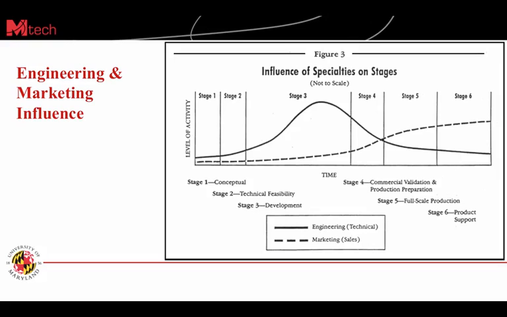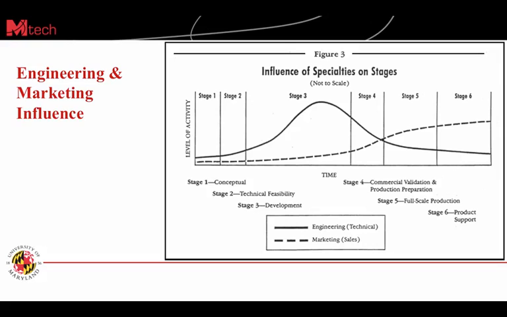But then the development stage, you can see the time frame is considerably longer. And this is what I think represents the amount of time that it takes in that development stage. And stage 4 is the commercial validation and production preparation stage, again a relatively short stage. And the production stage, stage 5, is a little longer.